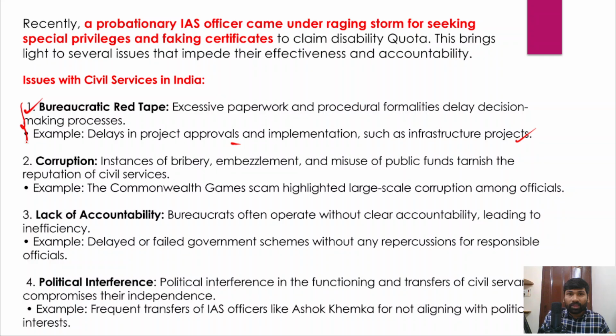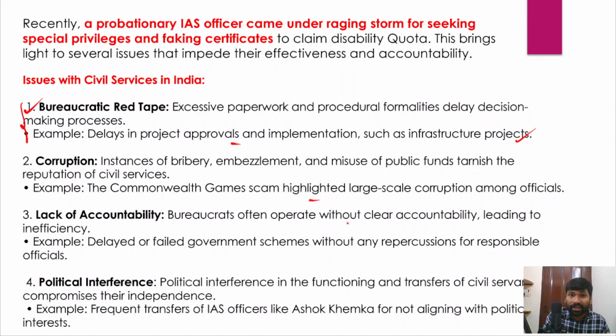For example, in the Commonwealth Games, a scam was highlighted where large scale corruption took place among politicians and officials as well. You can mention such examples. Generally when you mention such examples, you are making those arguments more credible as well as legitimate.